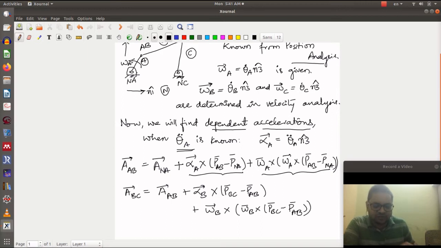This is your equation for acceleration of BC.